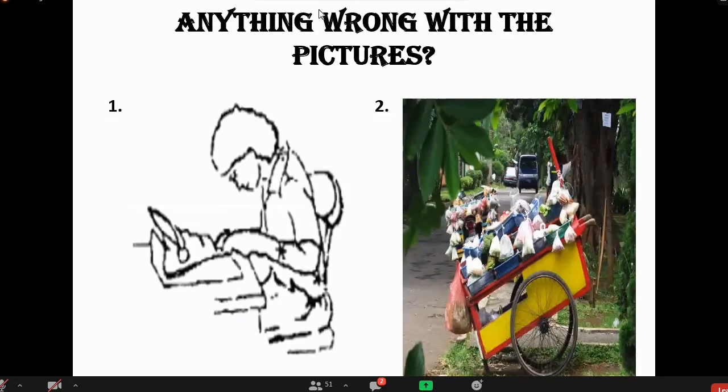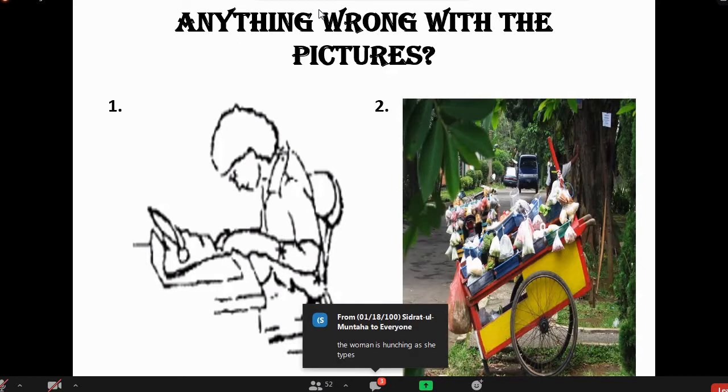So for example, here, do you find anything wrong with these pictures? Can you please type in your chat box? Is there anything wrong with picture 1 and picture 2? I don't see any messages. The woman is hunching as she types, right?